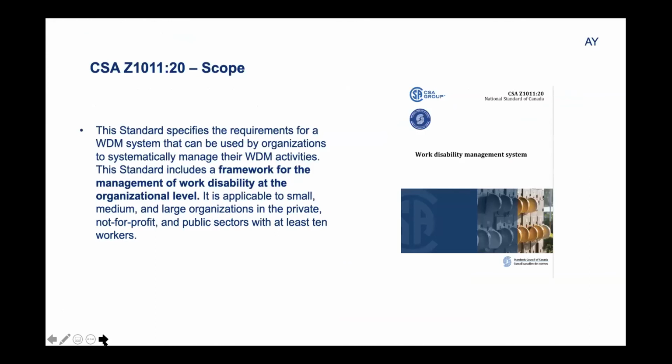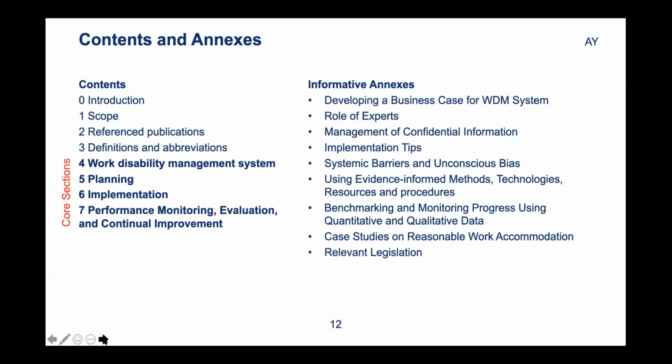The scope of this standard is to provide a framework for the management of work disability at the organizational level. It specifies the requirements for work disability management processes to support organizations regardless of their size and sector, to ensure that they systematically manage their work disability management activities.